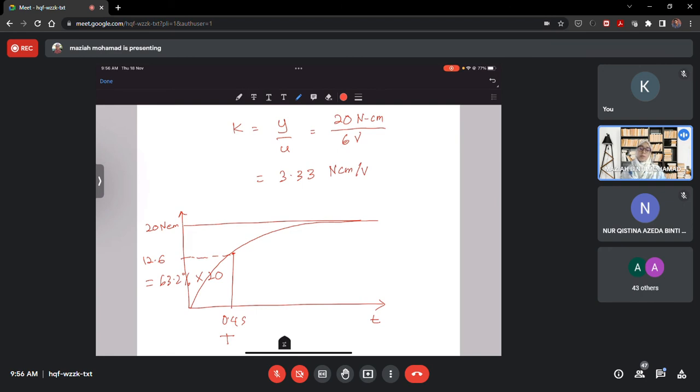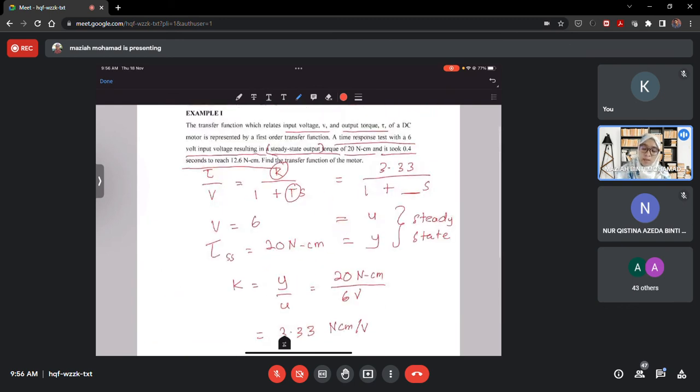So 63.2% is 12.6, therefore 0.4 is our time constant. So the transfer function for the system is 3.33 over 1 plus 0.4S.